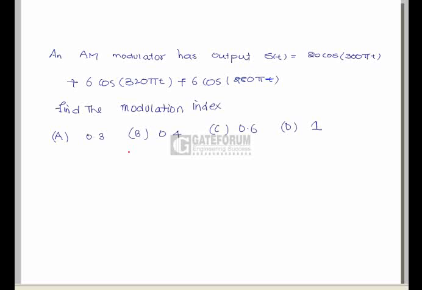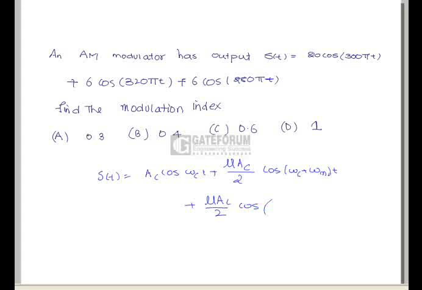Question: an AM modulator has output given by S of t. We have to find out the modulation index. If we compare the given AM equation with the standard AM equation, that is S of t equals Ac cos omega c t plus mu Ac by 2 cos of (omega c plus omega m) t plus mu Ac by 2 cos of (omega c minus omega m) t.